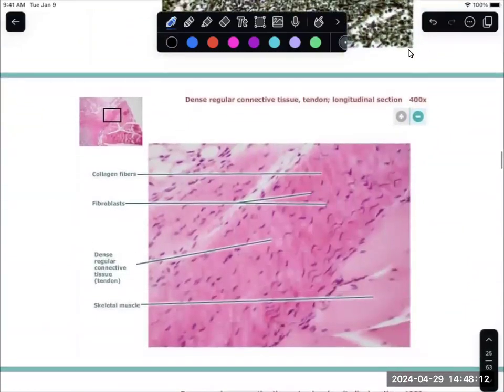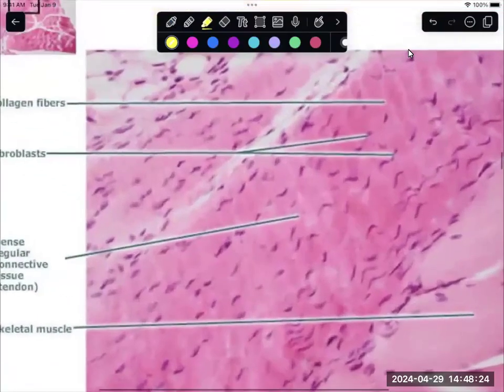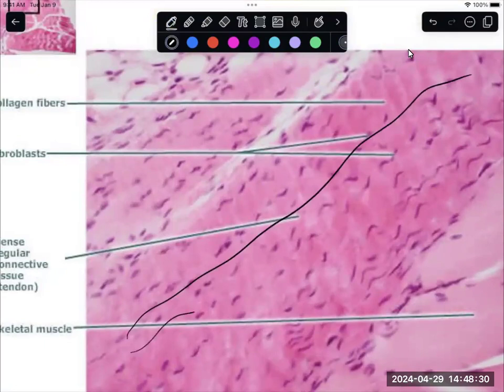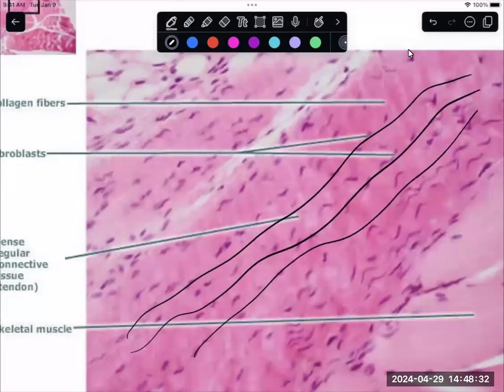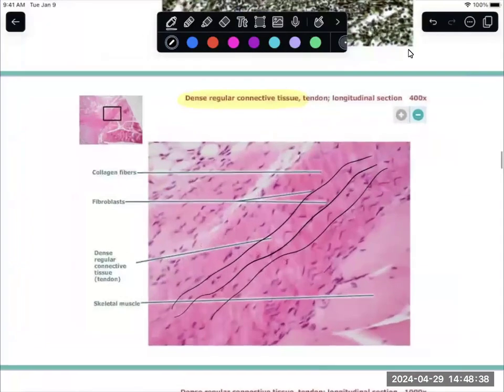Here we have dense, regular connective tissue. This is that collagen fibers, lots of long collagen fibers that travel throughout. You see a lot of nuclei in this picture, but it's just that dense, regular connective tissue.